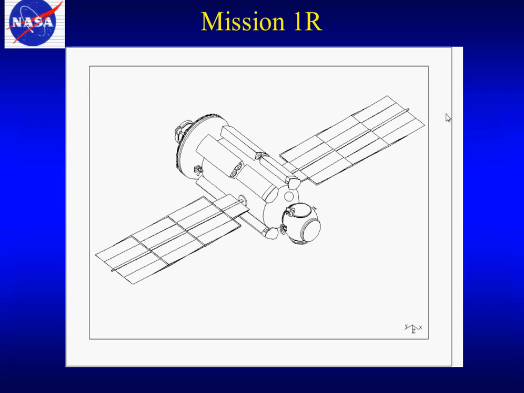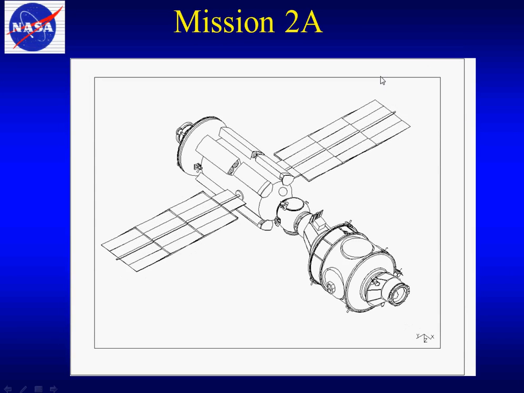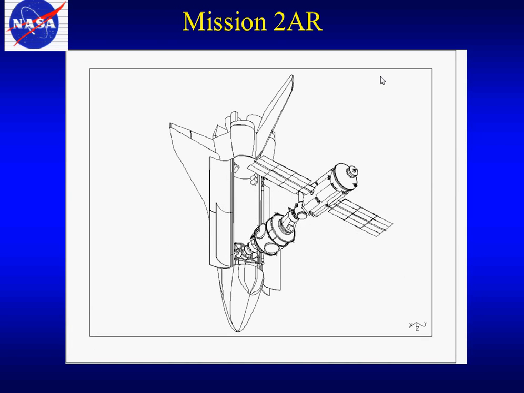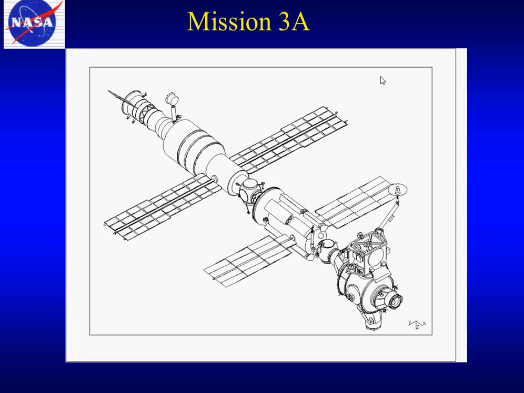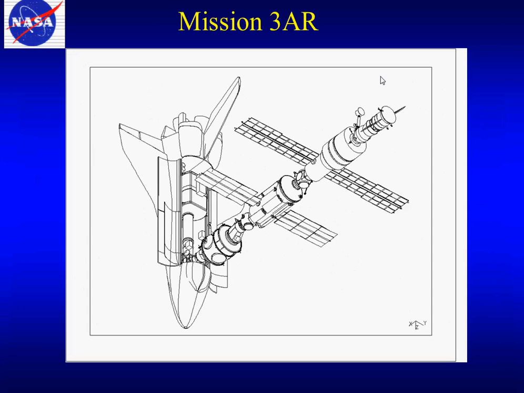Here was the basic idea that came from NASA, and that is mission 1R of the space station, which had this body in there, and it had these two panels. Now in here, it expanded to another mission with different bodies, up to the time we have this kind of mission, and then this kind of mission, and then of course this one.